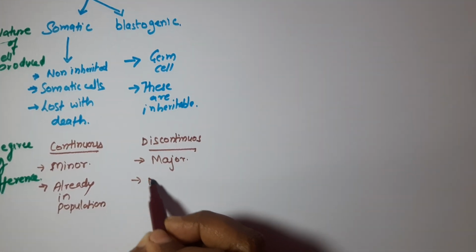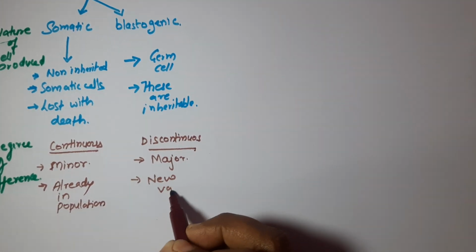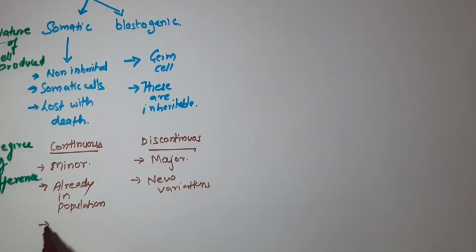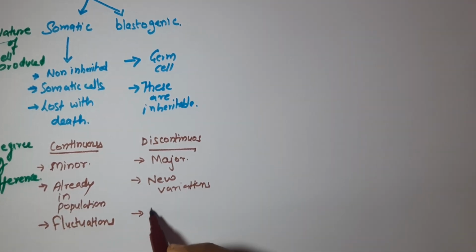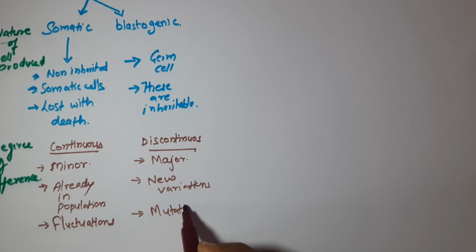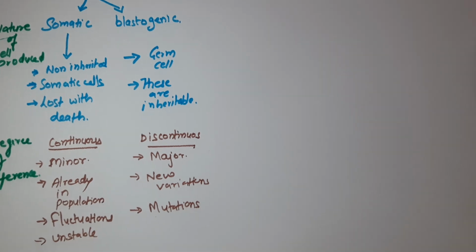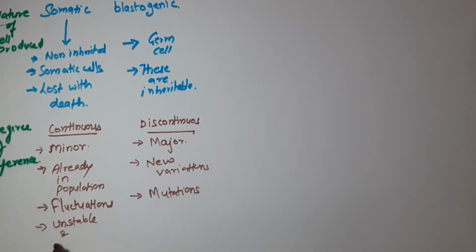And these discontinuous ones are new variations. Continuous variations are also known as fluctuations, whereas discontinuous variations are known as mutations. Continuous ones are unstable and non-heritable, and discontinuous ones are the stable ones and heritable.